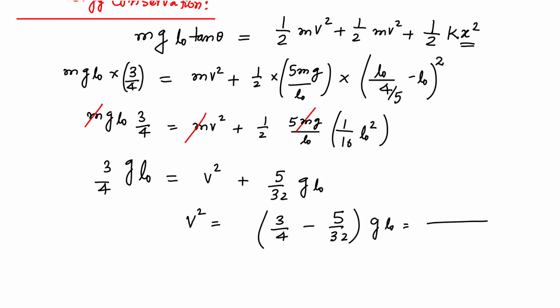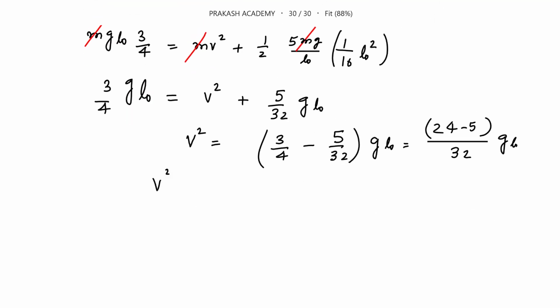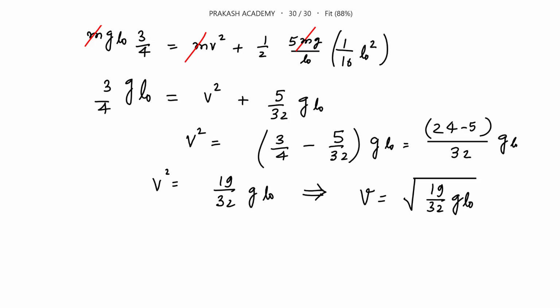So we will have 32, and 24 minus 5, g L naught. So basically I can write v square is 19 by 32 g L naught. So from here I can say the velocity is equal to the square root of 19 by 32 g L naught. This will be the velocity with which both blocks will be moving.